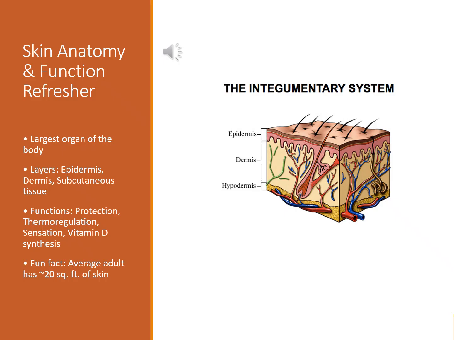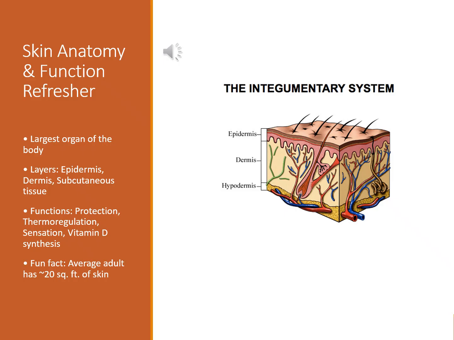The clinical relevance of this is where thermoregulation occurs. Because of that thick layer and the areas of collagen, this helps to regulate temperature. It also is where pain sensation originates. So this is where those nerve endings are found.